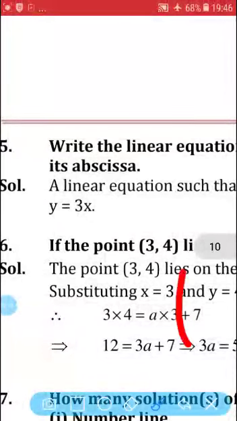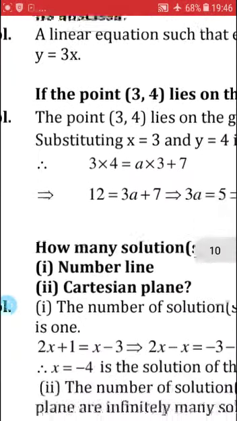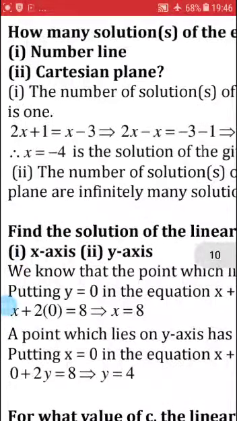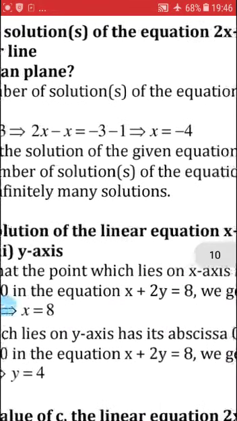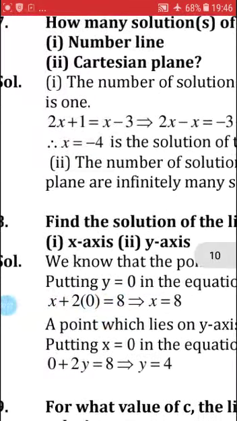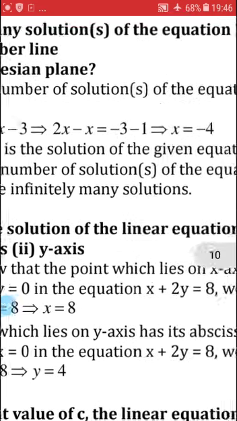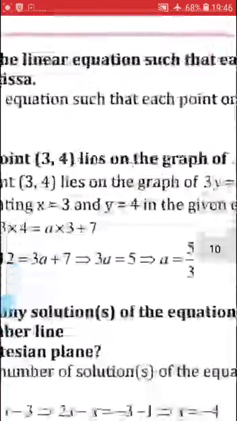So 2x minus x equals minus 3 minus 1. So x equals minus 4. So how many values? Only 1. Therefore x equals minus 4 is the solution of the given equation.